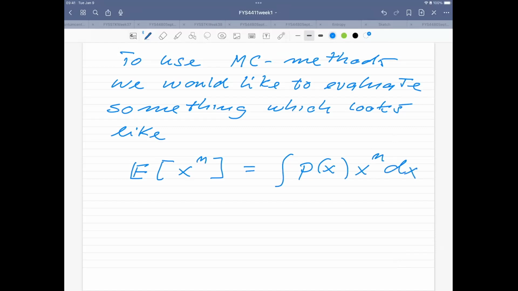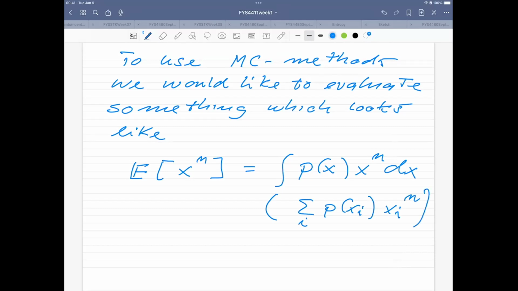Now I'm assuming that this is a one-dimensional probability, just for simplicity. If this is a discrete probability, we would like to have this one look like P of x_i times x_i to the power of n.